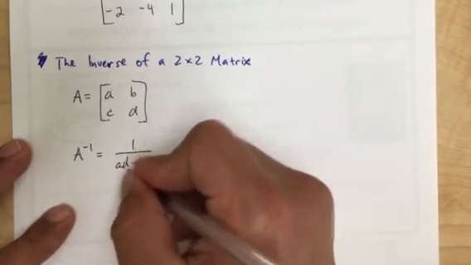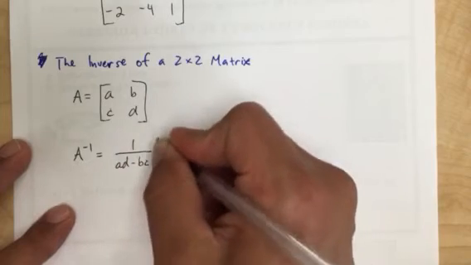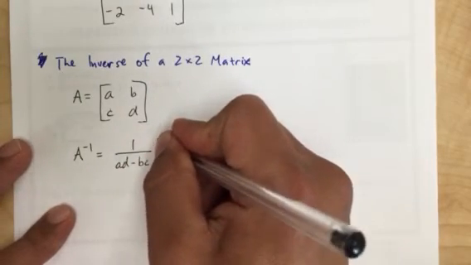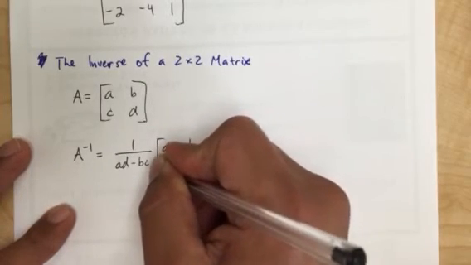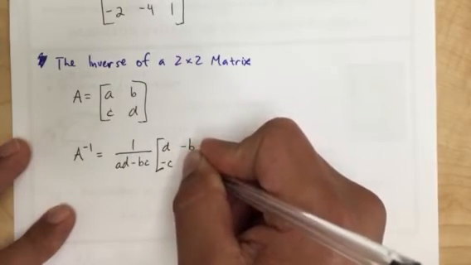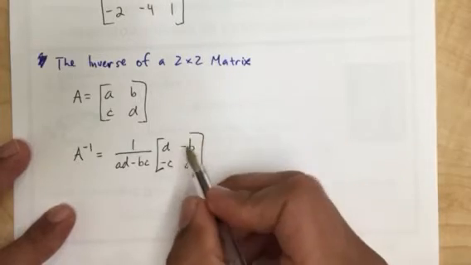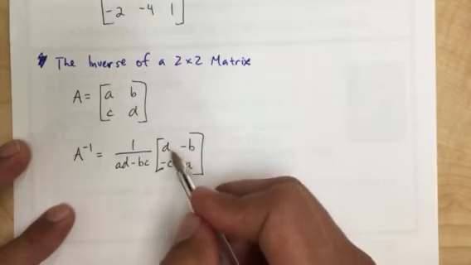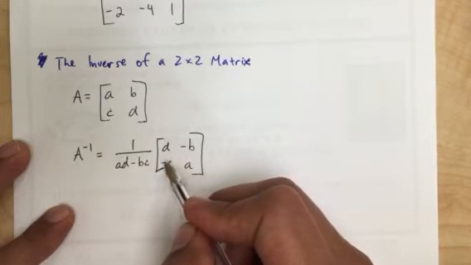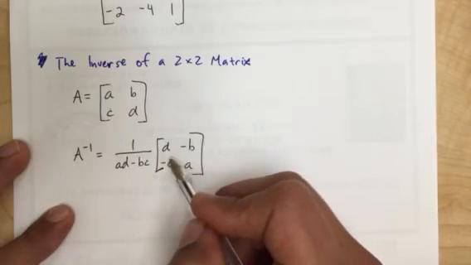And then we multiply it times the matrix D, negative B, negative C, A. What this means is that the D and the A are going to need to be switched, and the C and the B are going to need to be negated.